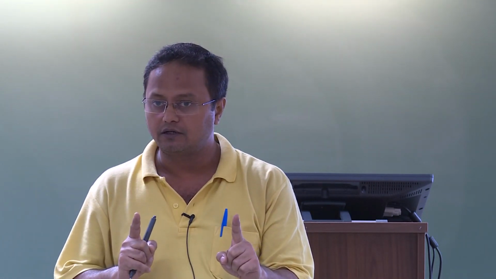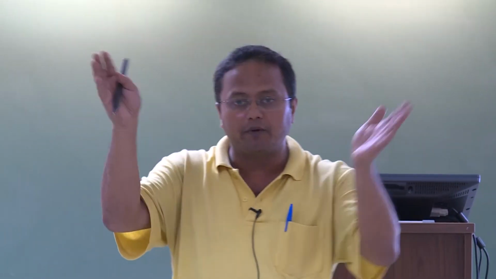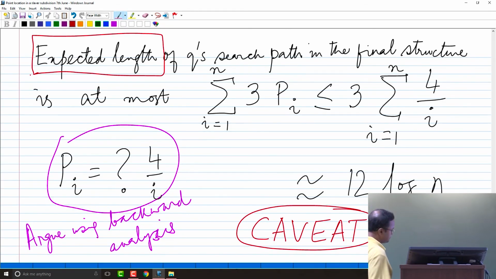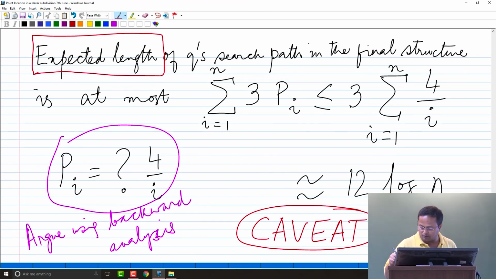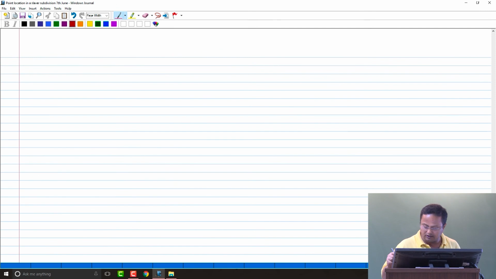If you are not conversant with Chernoff bounds and stuff like that, it is difficult to make it precise mathematically, but you can get the notion that you can prove a result which tells you that the length of Q's path in the final search structure is more than its expectation by much only with low probability. So, it is X minus expectation of X, this probability is bounded. Essentially one can even show a result like this, which I am not proving.